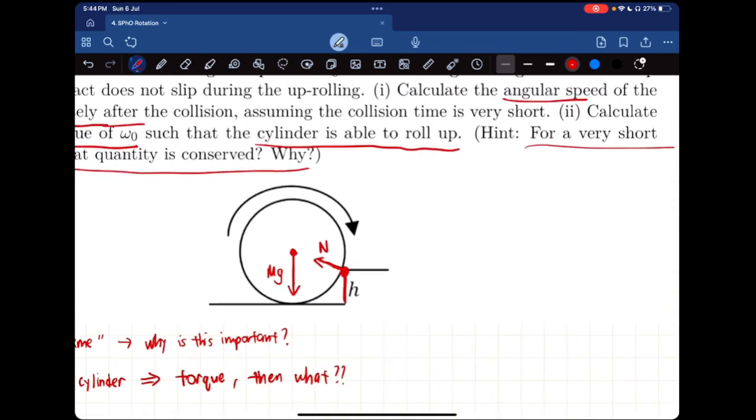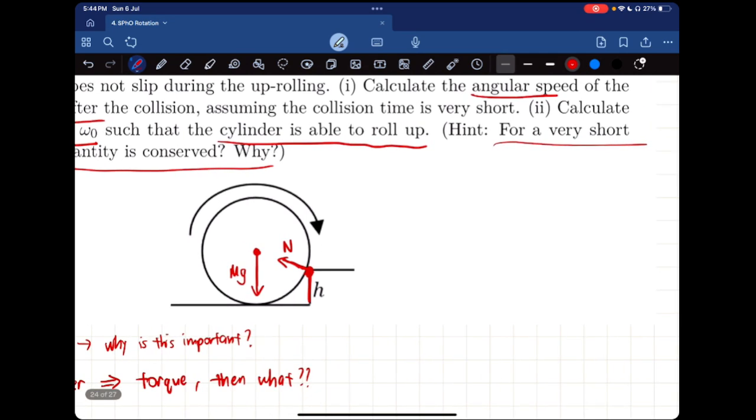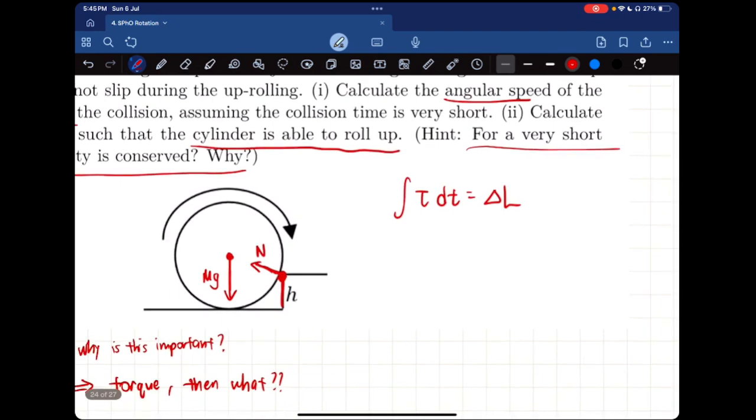So you're given that the collision time is very short, and the only thing that you kind of know that relates to time is this equation, the angular impulse momentum theorem.